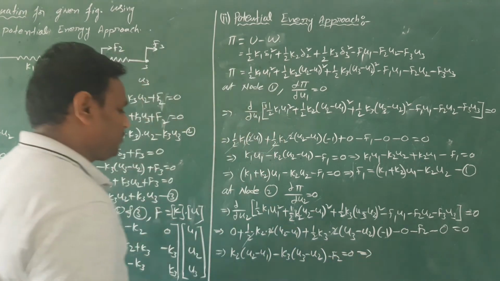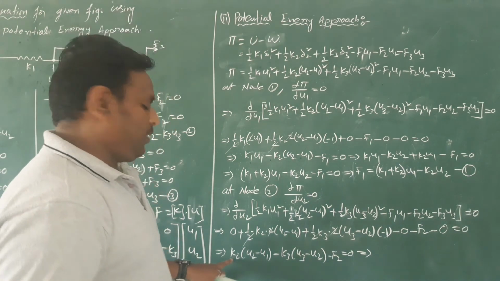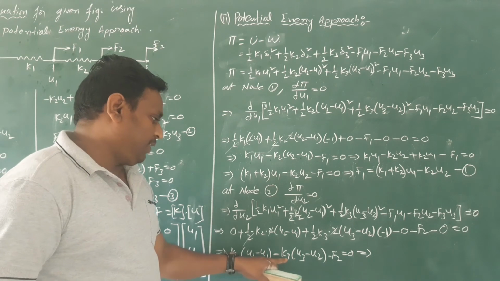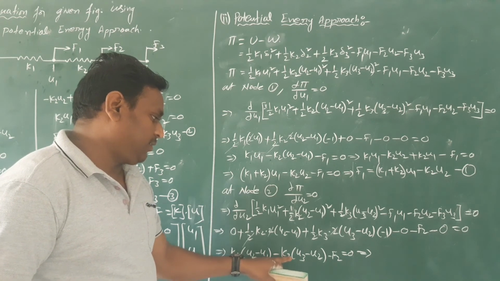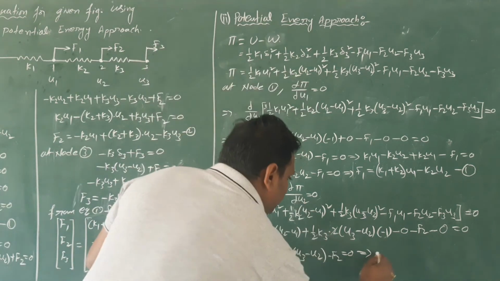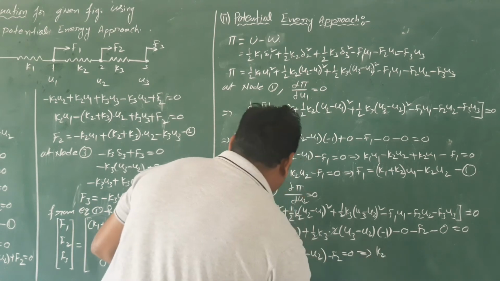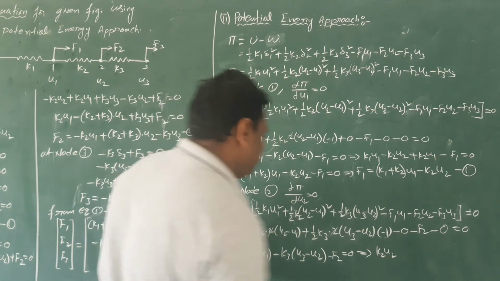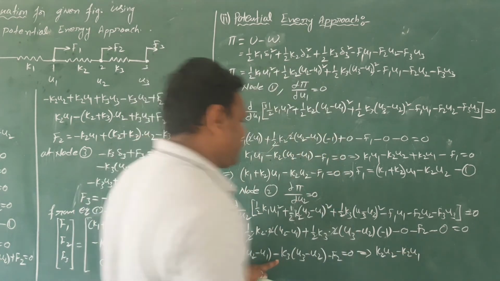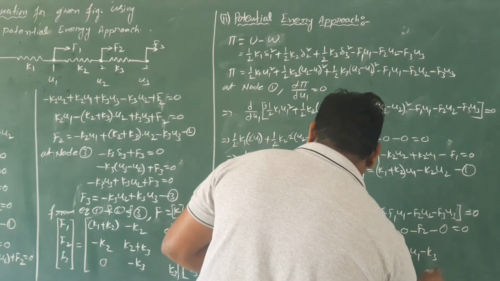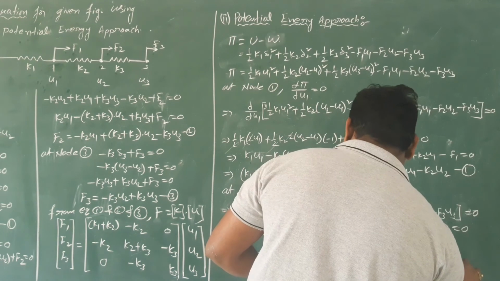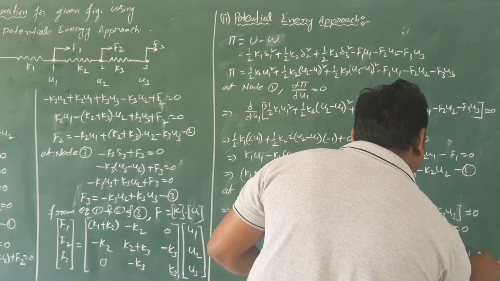Okay, now after simplification we will get K2 U2 minus K2 U1, minus K3 U3 plus K3 U2, minus F2 is equal to 0.